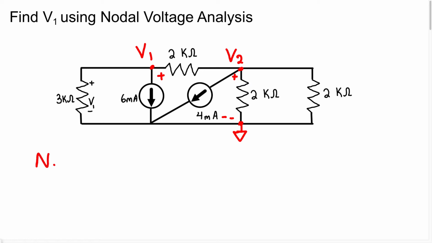We're going to say node voltage at node 1. We know we're going to have a current leaving this node. But instead of writing the term as a current, we're going to write it as a relationship with Ohm's law dealing with the voltage.